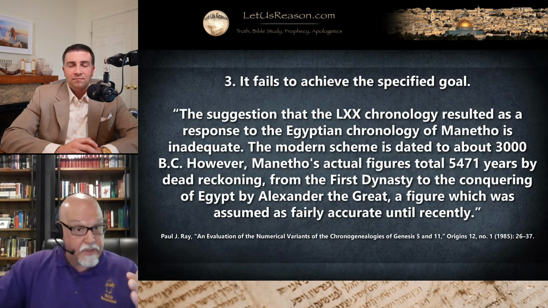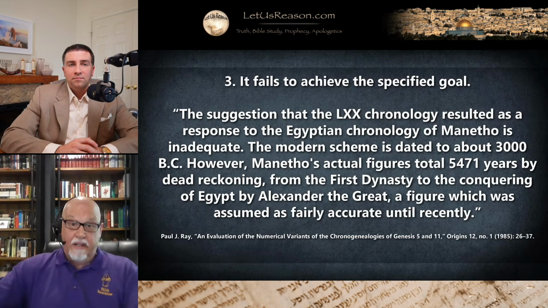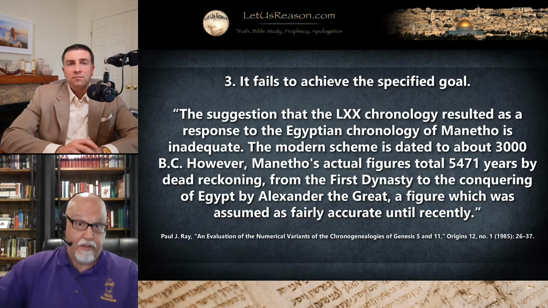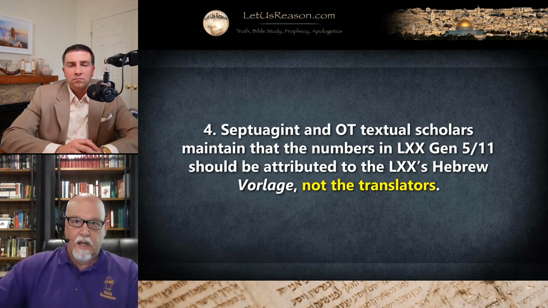And there were other Egyptian chronologies that were even longer than this. So, in other words, their apologetic purpose, they failed at, if that's what they were trying to do. It didn't work. And so that just tells you that that's not what happened. They didn't do that. And as I said right there on the slide, it just doesn't do the job.